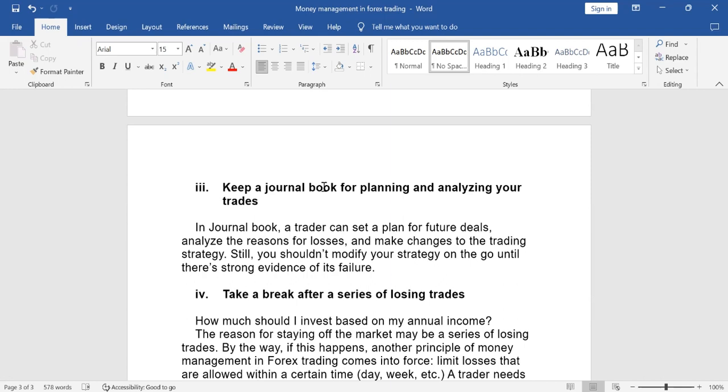I want you to know that Forex has what we call Forex sentiment and Forex cycle. Forex sentiment means the way the market is moving. Sometimes, for periods of years, the market moves in one direction, up or down, and some years, sometimes some months, it can be ranging.